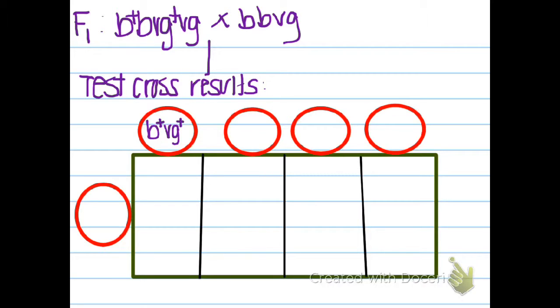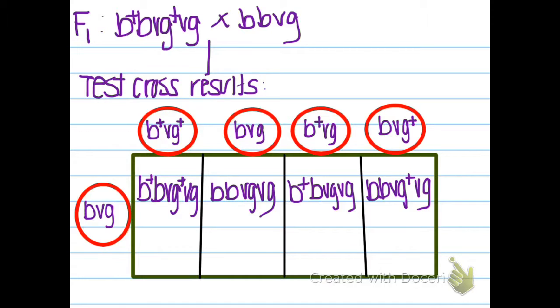Then you get BVG, black body and short wings; B+VG, gray body and short wings; and BVG+. Then over here you have the sperm, which is always the male, always the mutant traits, BVG, black body and short wings.